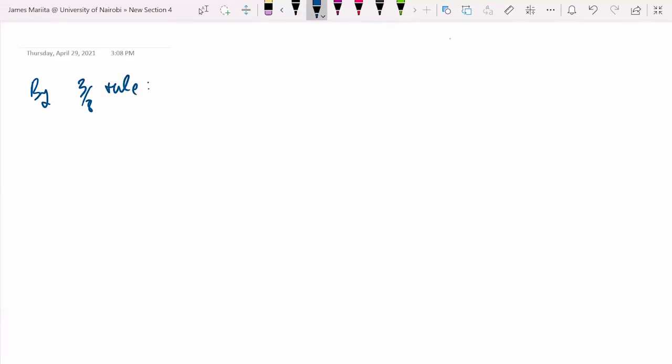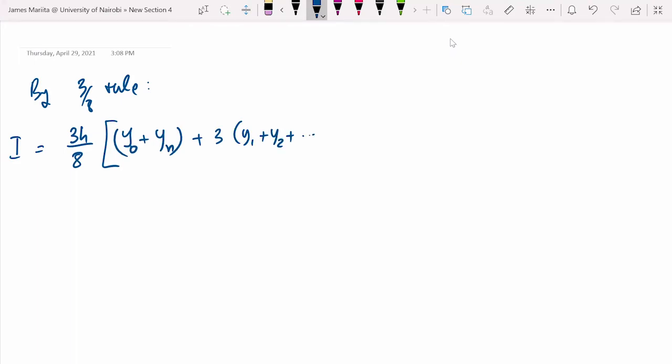We have that the integral will be 3h over 8 times y naught plus yn, plus 3 times y1 plus yn minus 2 plus yn minus 1, then plus twice y3, y6, and so on, yn minus 3.